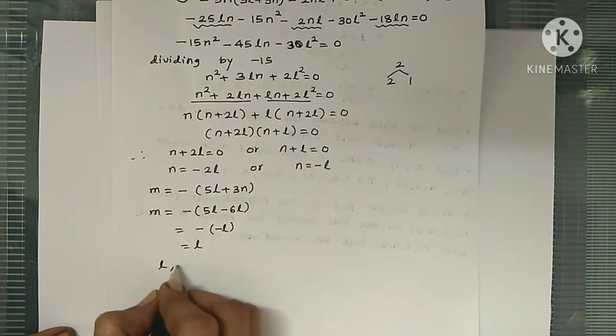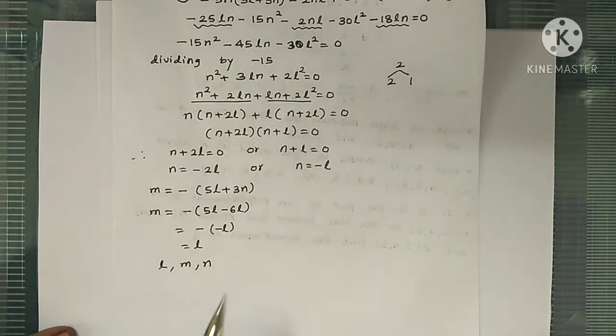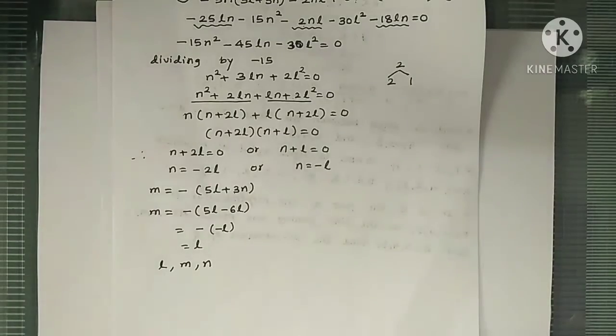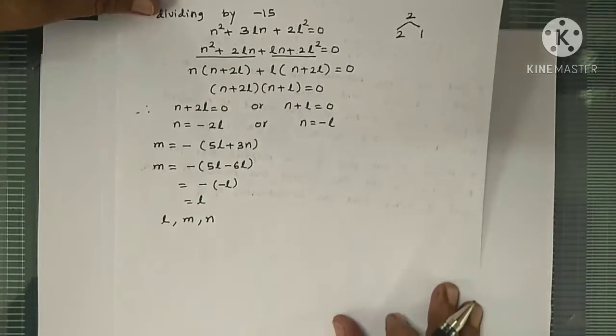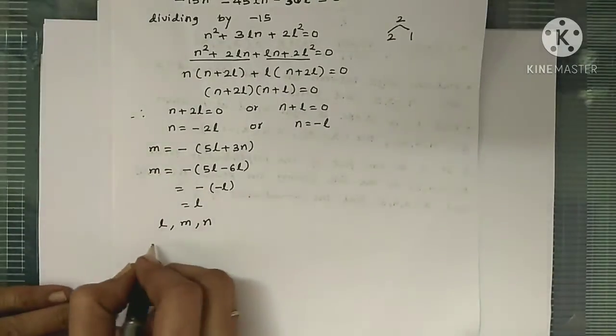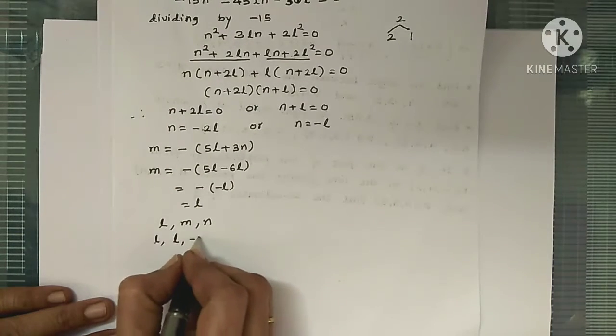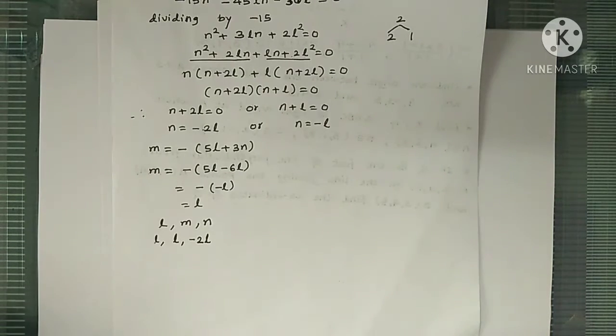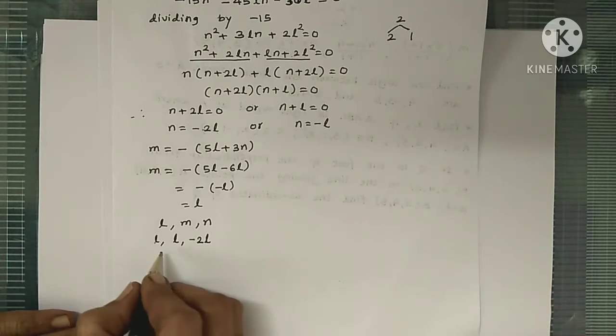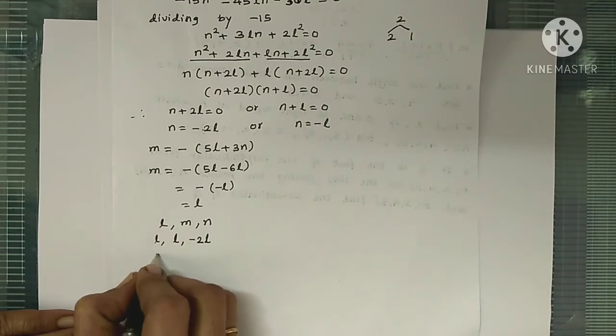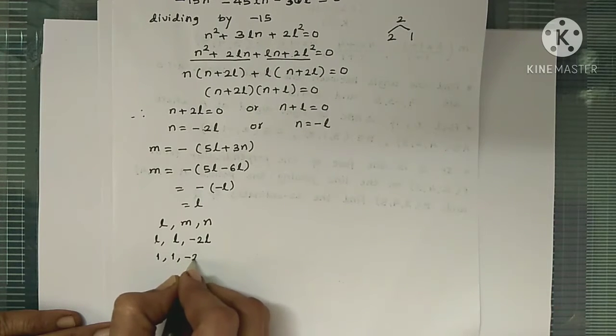Now what we have to find out is l, m, n, so let's write those values. l is l, m is l, and n is -2l. We have written l, m, n in terms of l only. As I said earlier, we don't get a unique solution for this, so what we get is a ratio. If I divide all these three numbers by l, I get 1, 1, -2.